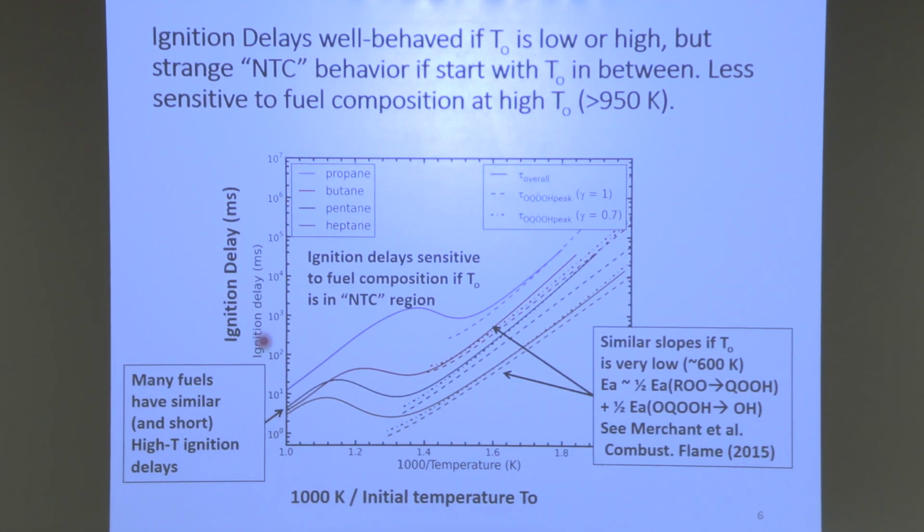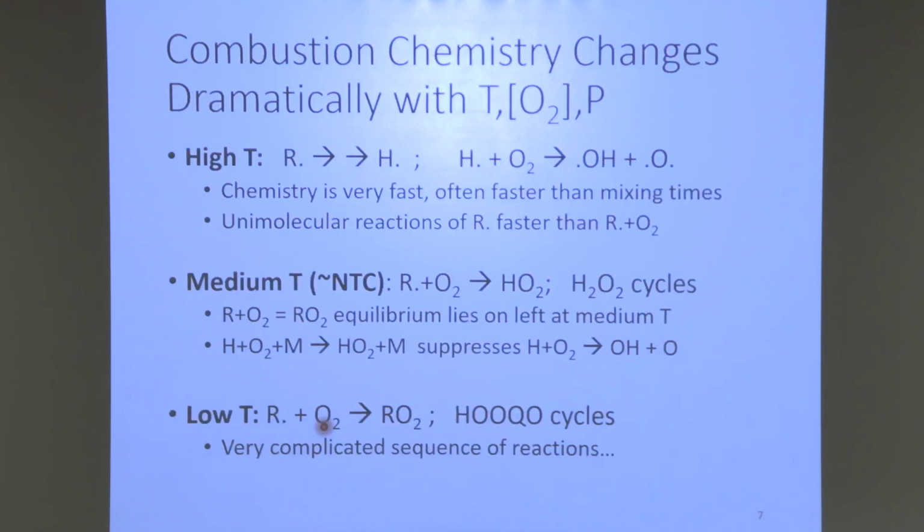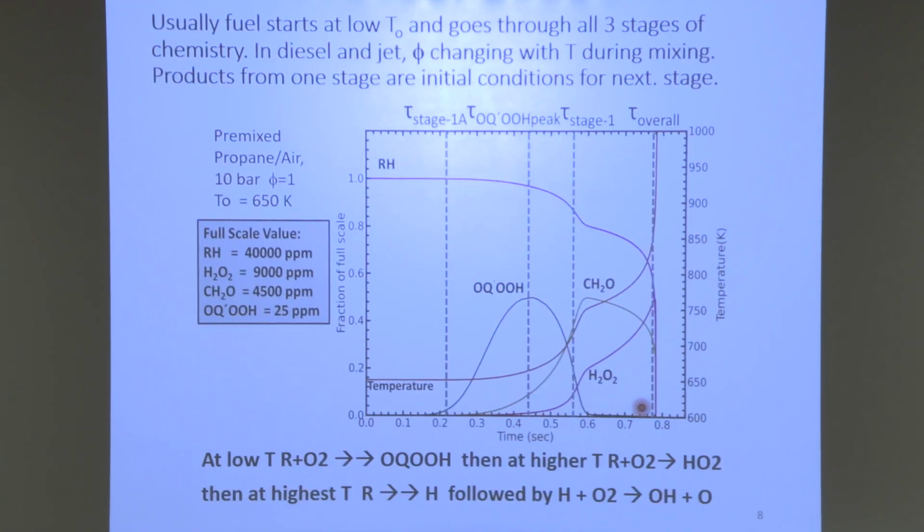This is more than a factor of 100 change in time scales. By comparison, this looks instantaneous. It's not really instantaneous, but it's really fast compared to the slow stuff that happened before you get there. The consequence is that the low temperature stuff often controls the ignition time, because it's so slow.